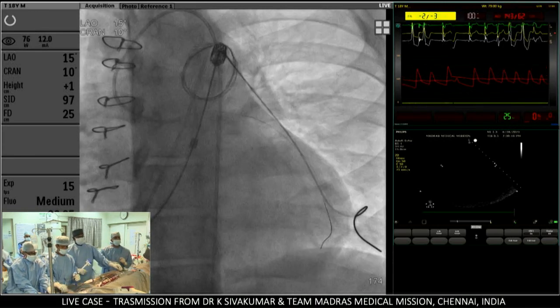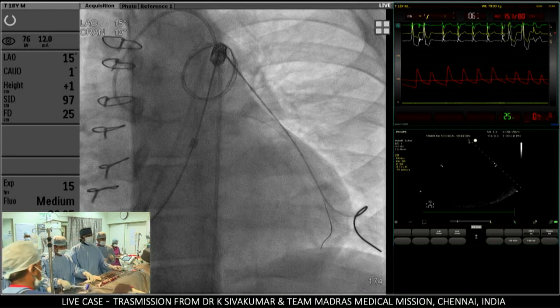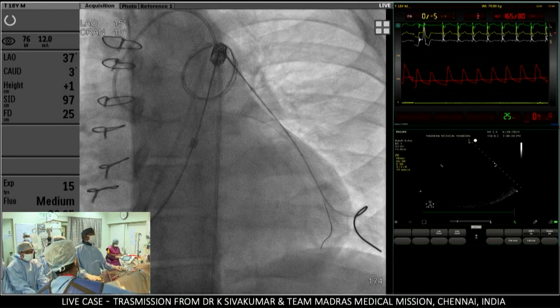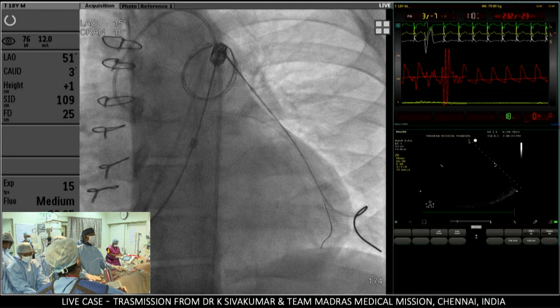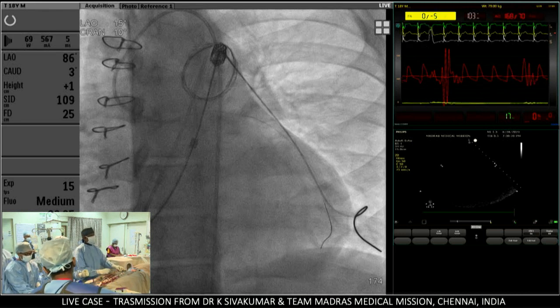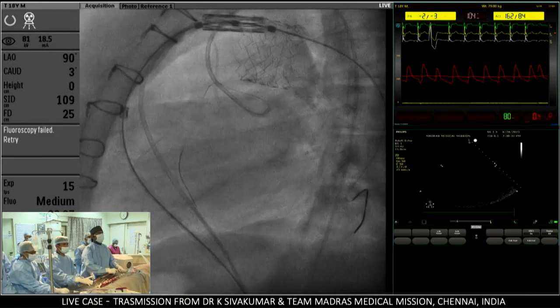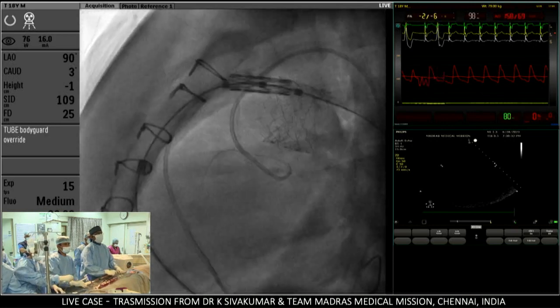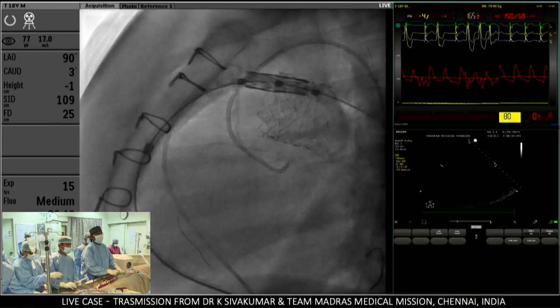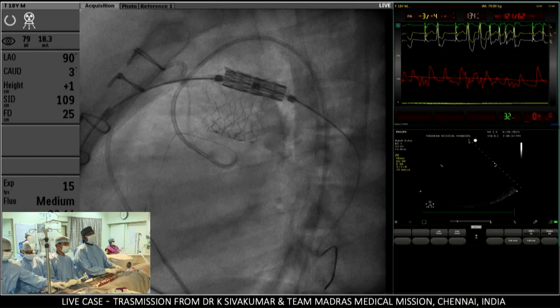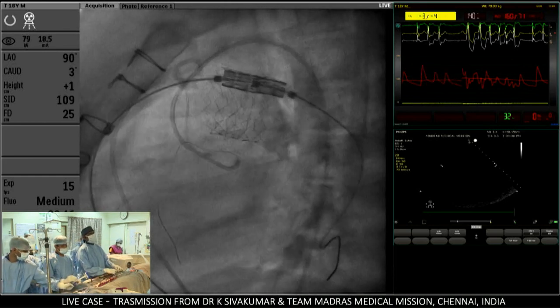So can we go to the lateral view? Shiva, whilst you're doing that, is there any difference in the height, valve size for size, between Sapien and Myval? Myval is available in intermediate sizes. Length is more or less similar.